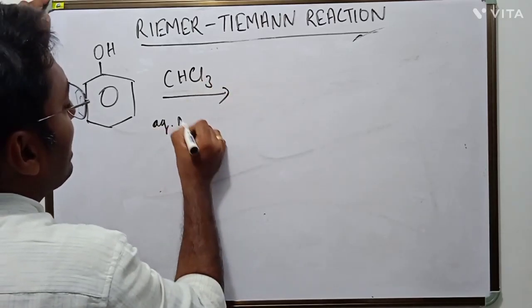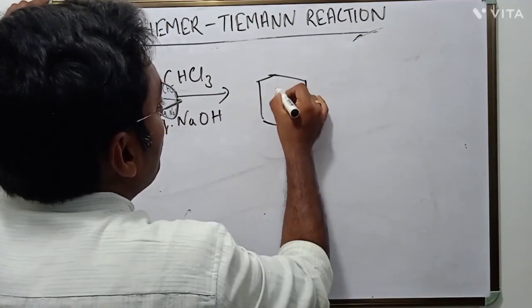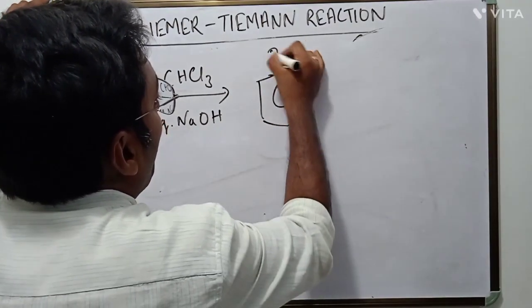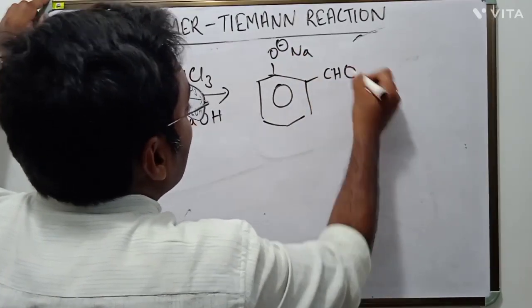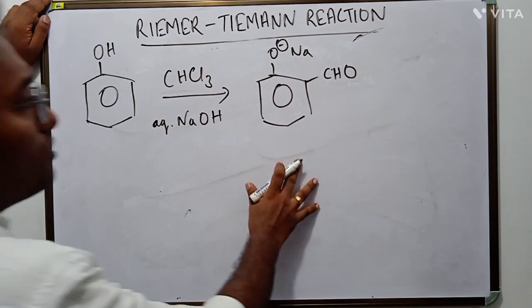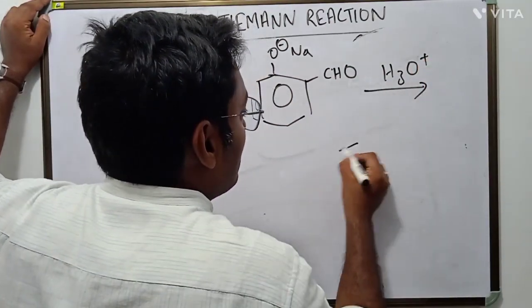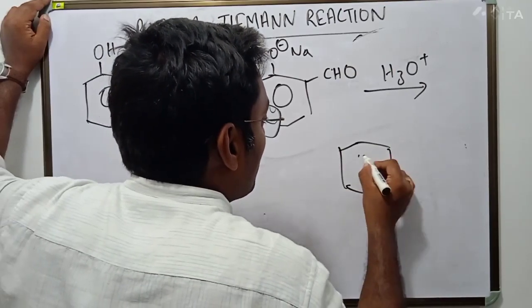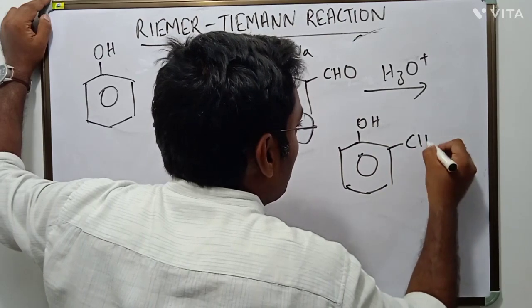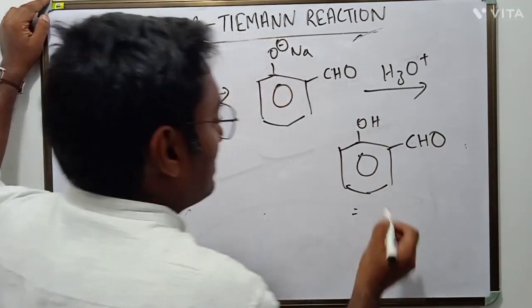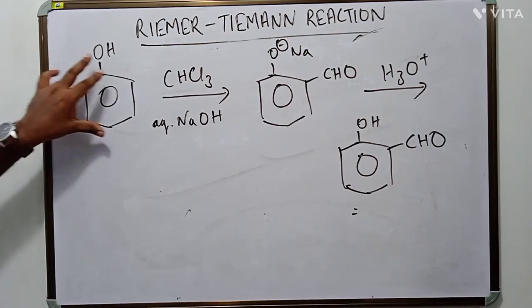Phenol reacts with chloroform in the presence of aqueous NaOH to give sodium salt of salicylaldehyde, which upon acid hydrolysis yields your compound of interest, which is orthohydroxybenzaldehyde, also called as salicylaldehyde.